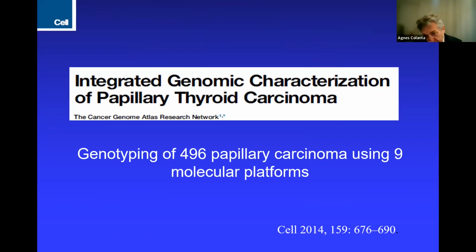In 2014, a very important study was performed in the United States. It was a big network of multiple hospitals funded by the federal government, where genotyping of almost 500 papillary carcinomas was done, but really deep genotyping using 9 molecular platforms.